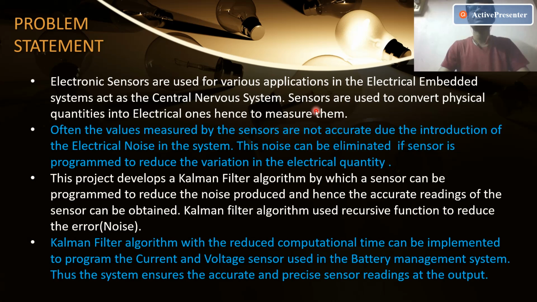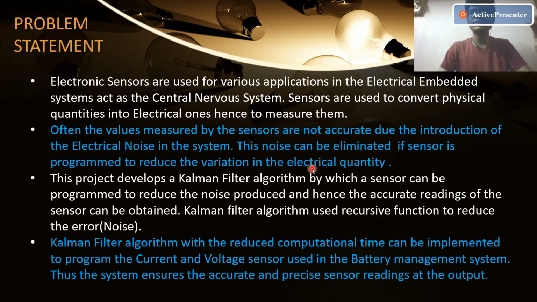All these are electronic sensors, and they convert physical quantities, be it temperature, humidity, or speed, into electrical ones. While doing so, there is a chance of electrical noise being added to the system. This electrical noise can be eliminated by making use of the Kalman filter algorithm.